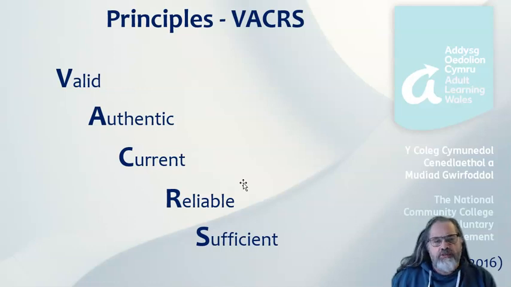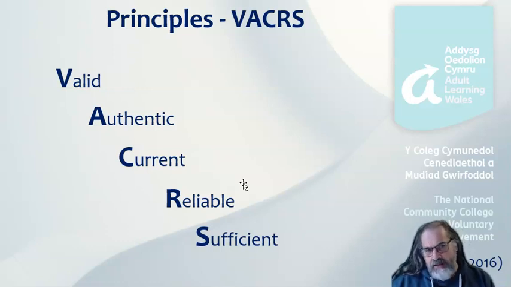But also that the work they're doing is their own work, that it is authentic in terms that it is their work and not somebody else's. So this is plagiarism. This is where somebody might copy and paste and put work in and claim it as their own, which is just not acceptable, especially at levels 2 and 3, or more at 3 and above.